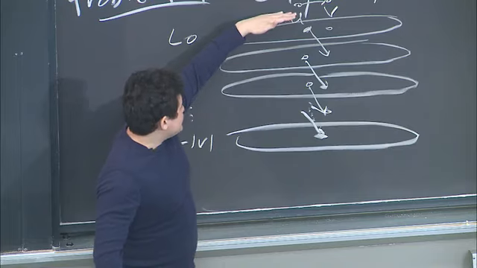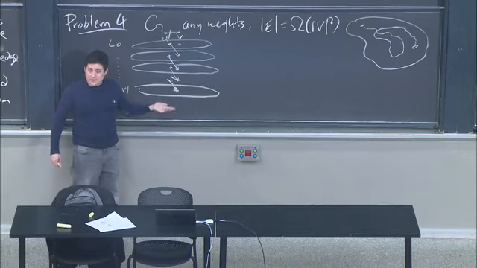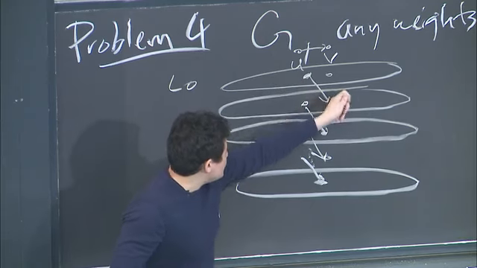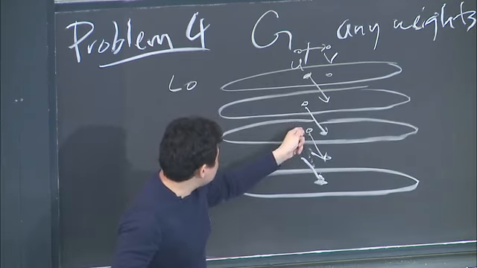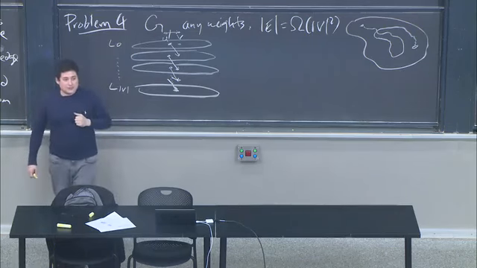Just because to get down here, I had to traverse exactly v edges, and they're the edges of my original graph. Now notice this encodes non-simple paths as well, right? Because I could go here and back to u and back to v and back to u if I had a cycle in my graph.